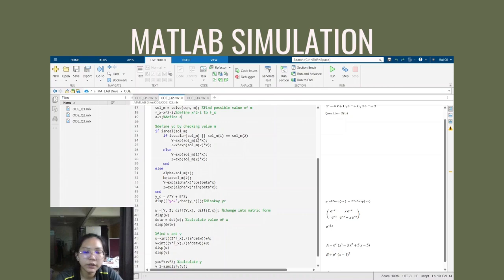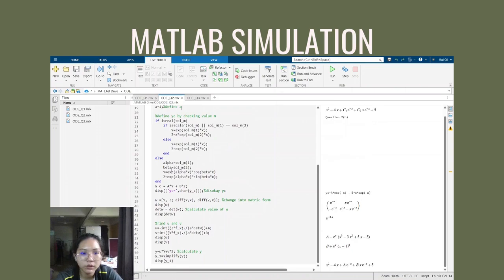For real numbers, there are two cases: the same value or different values. For the same value, the first solution is e to the power of mx, and the second one is multiplied by an x as well. Otherwise, both are multiplied by e to the power of mx.